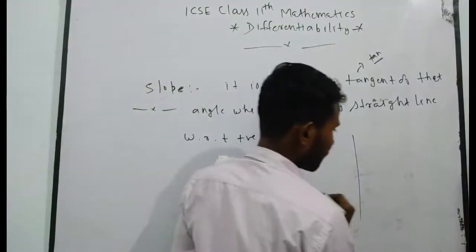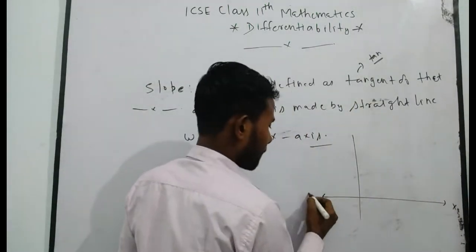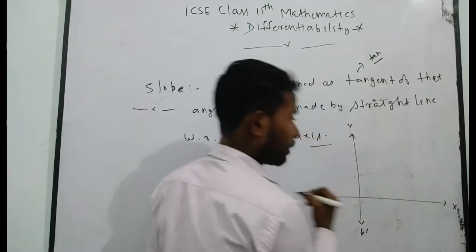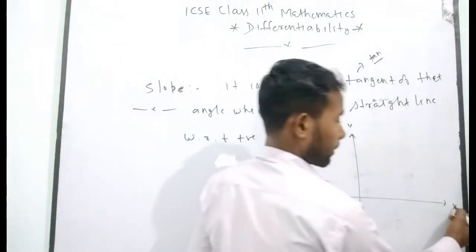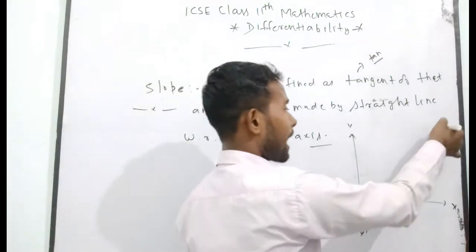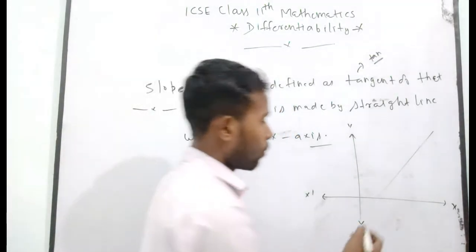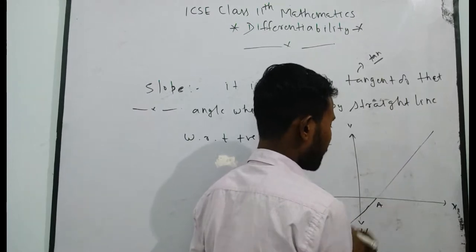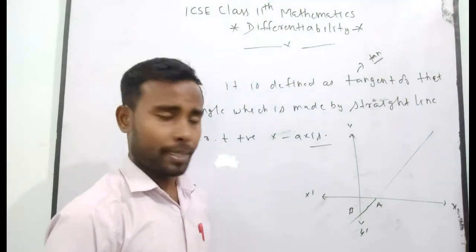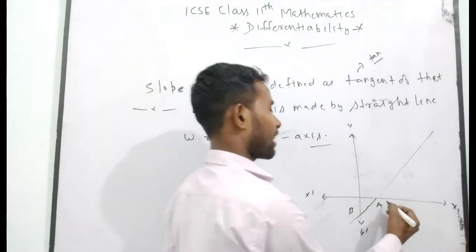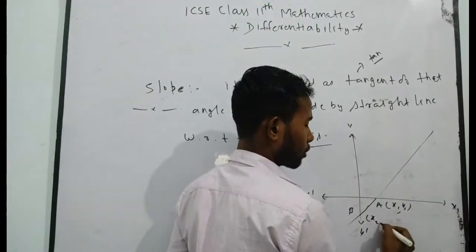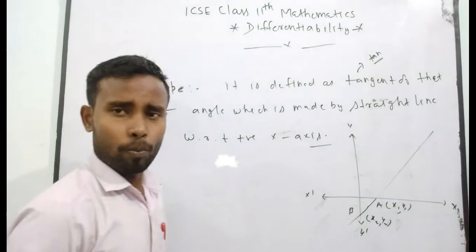Suppose this is a coordinate axis system in two variables, that means in 2D. We take the x-axis and y-axis, and there is a line passing through points A and B. Suppose the coordinates of A are x1, y1 and the coordinates of B are x2, y2.